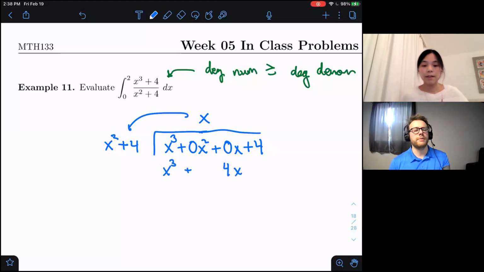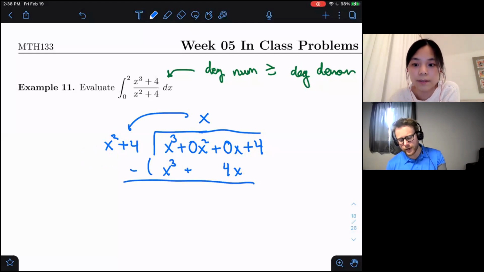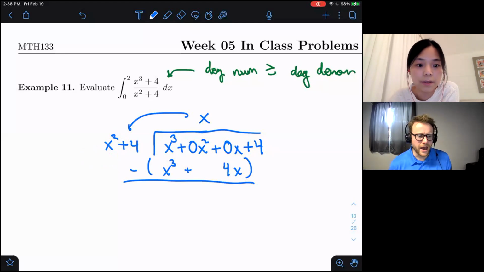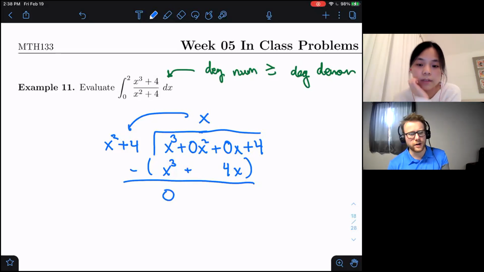I line this up right underneath, and just like long division of numbers, now we subtract this away. This works out very nicely: x cubed minus x cubed gives us 0, and we still have 0x squared, so that's still 0.